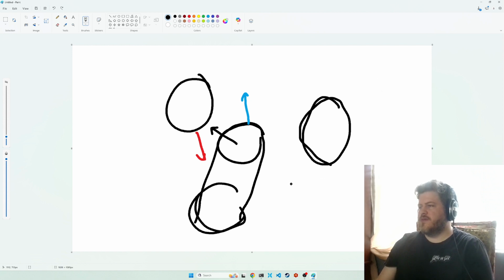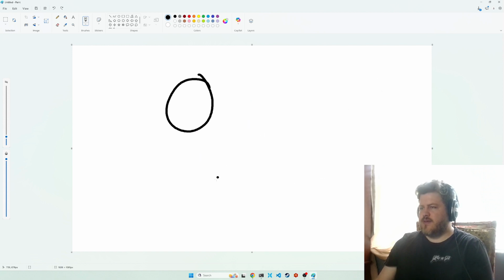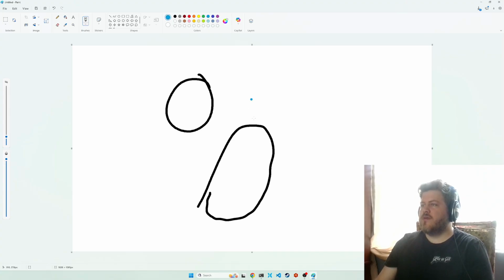I shouldn't draw that. Hold on. Just like this. Okay. Let me draw their velocities. And so again, the collision normal is just based on their current positions. It would be this.